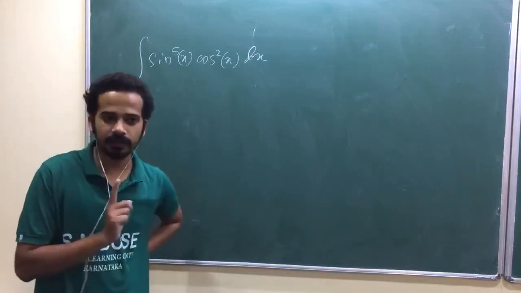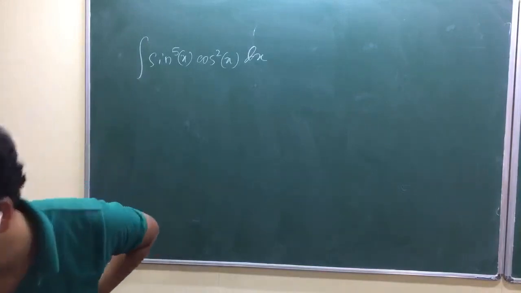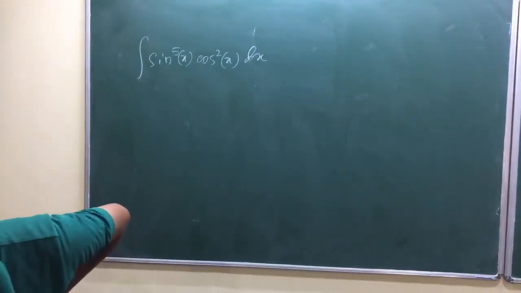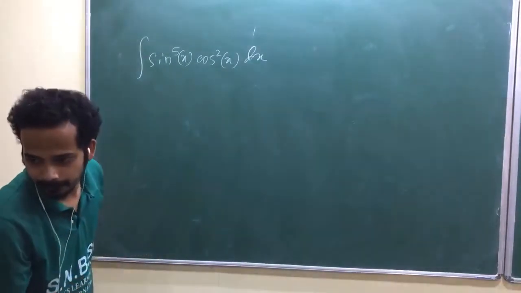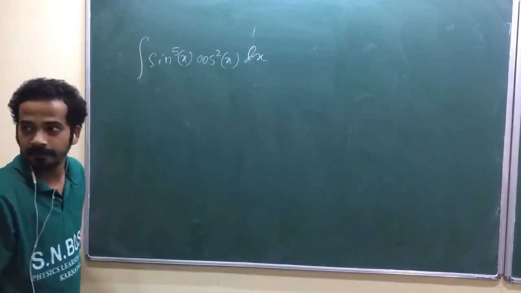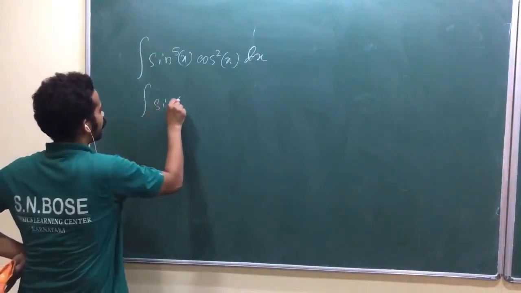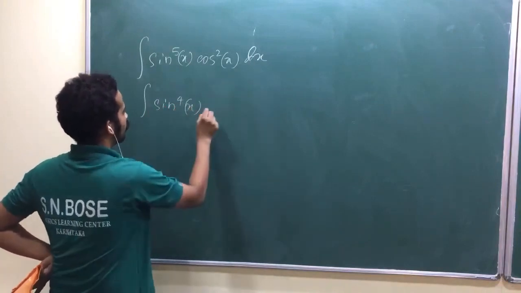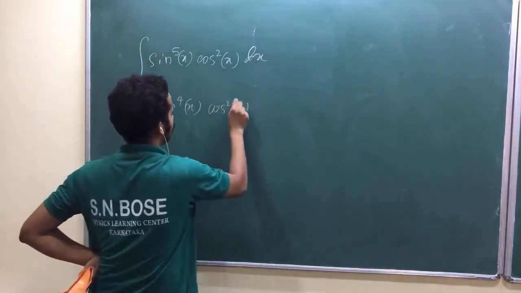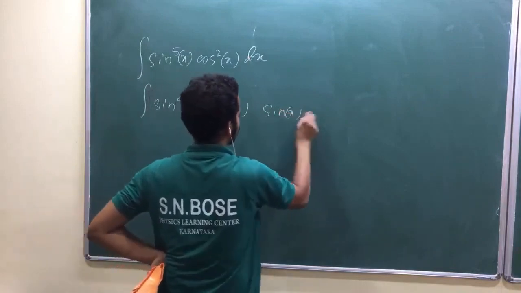Somehow you should convert it into integration by substitution because that is easy. Sin power 4 x into cos square x into sin x dx.